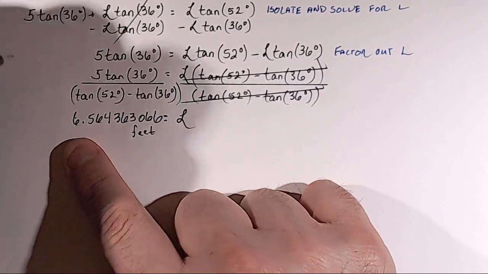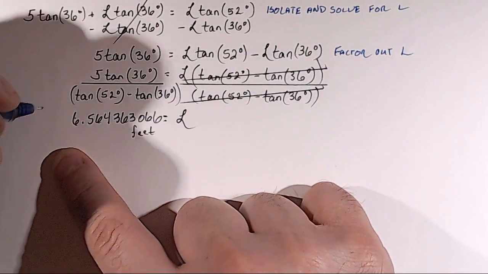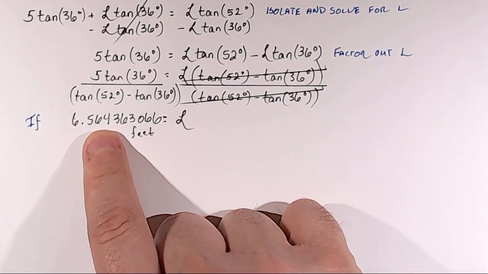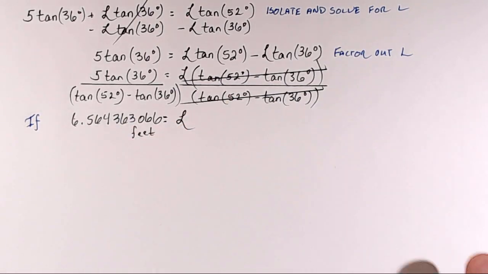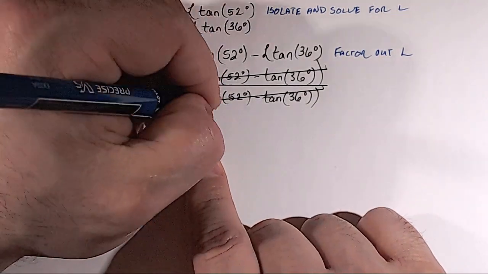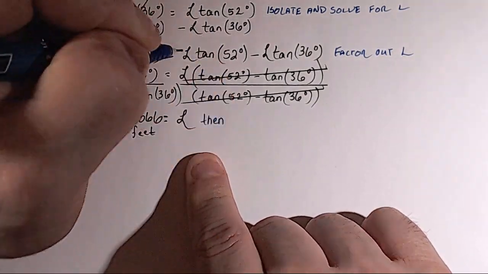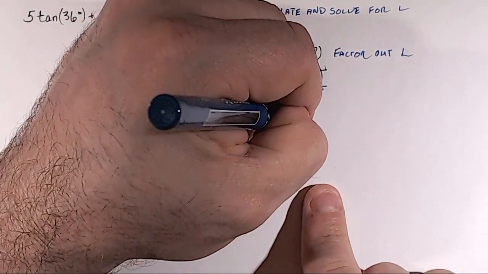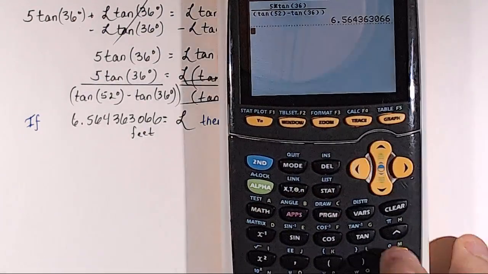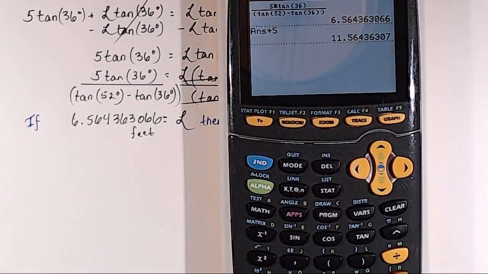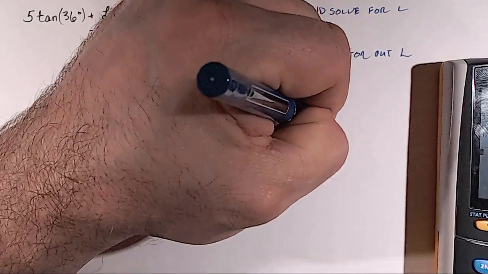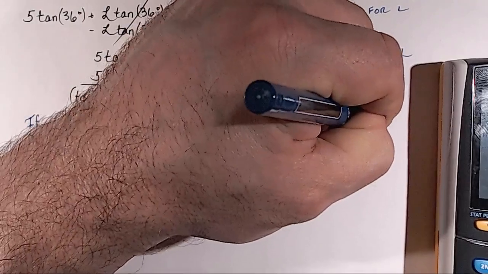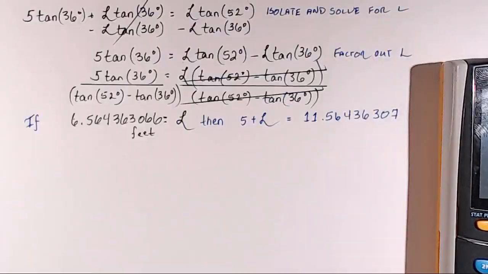So you can kind of make a little if-then statement here. If 6.564363066 equals L, then 5 plus L equals 11.5643307 feet.